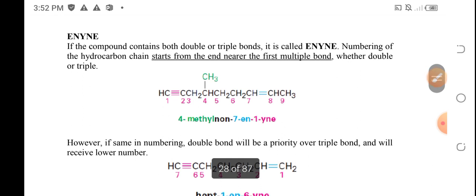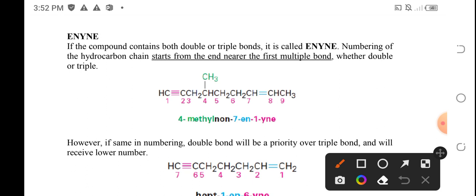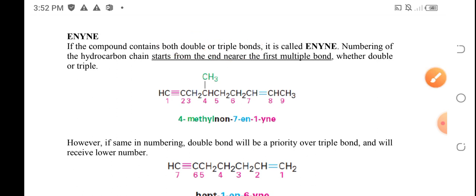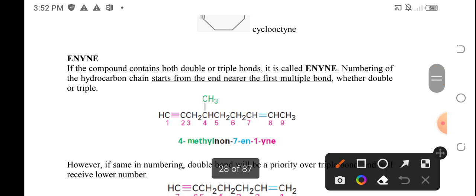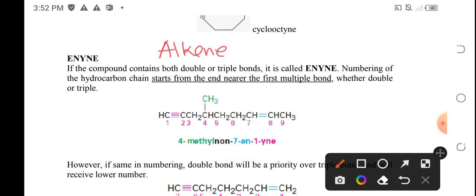Okay? Now, let's move to enyne. Enyne, ibig sabihin nito, these are organic compounds that contain both. So, parehas na merong double bond and triple bond. Ano kasing tawag natin dun sa double bond? Ang tawag natin sa kanila, a group of compounds that contains a double bond, ang tawag natin dyan ay alkene. Okay?